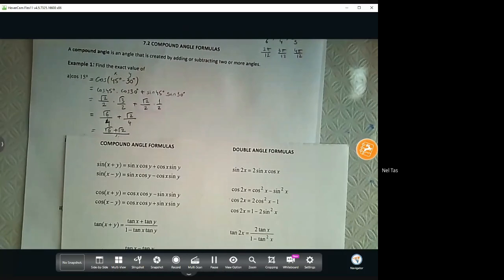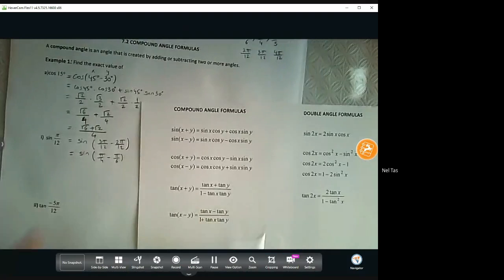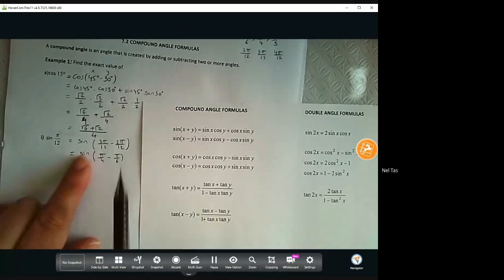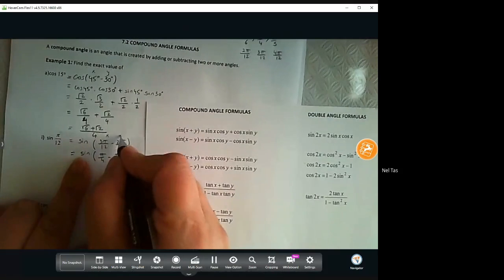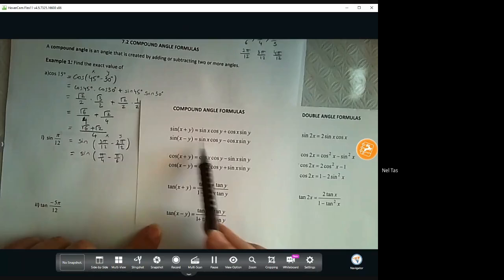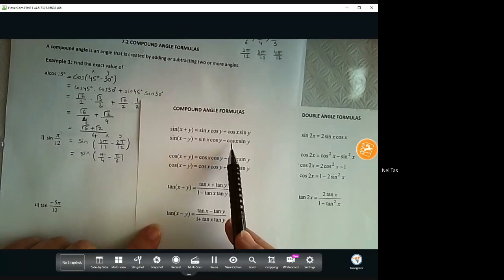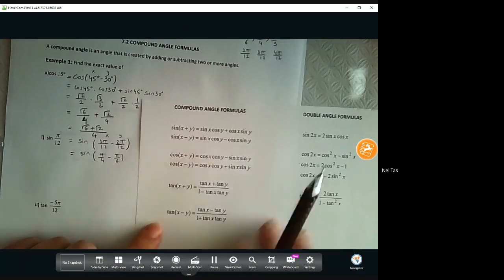Now you're going to use your formula sheet, and you don't have to memorize these formulas. You can use this formula sheet even during the evaluations. So now we are looking for sine x minus y. Sine x minus y is here: sine x cos y minus cos x sine y.